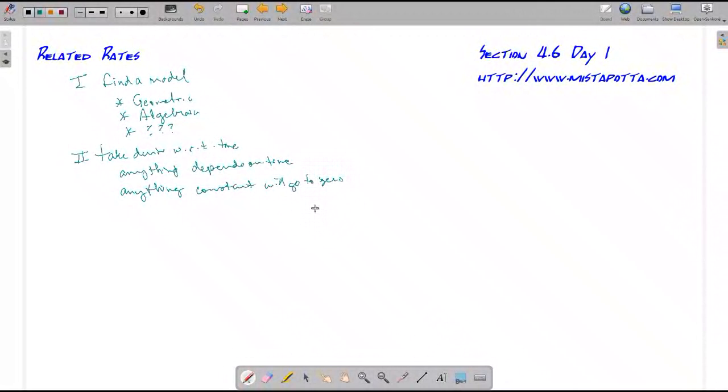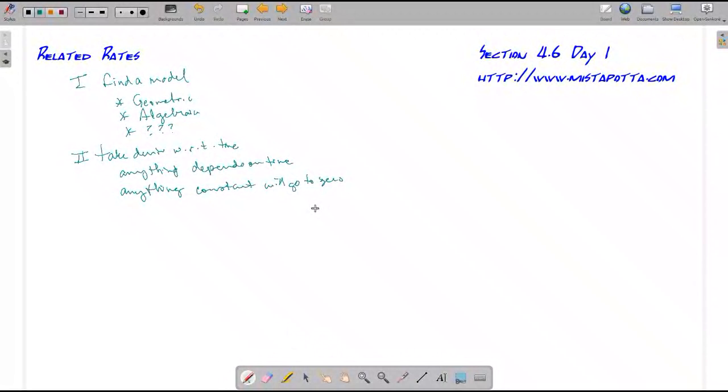Because if it's not changing over time, it's constant, and we know that the derivative of a constant is 0. And we'll see more examples of how we use that in tomorrow's lesson.